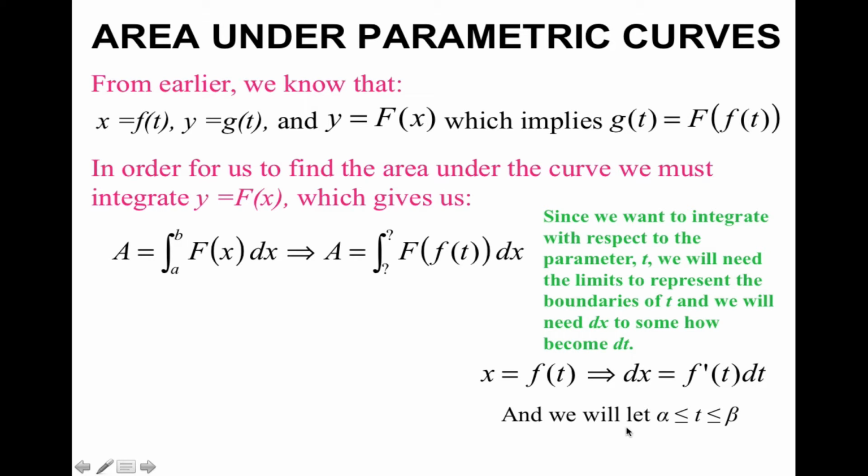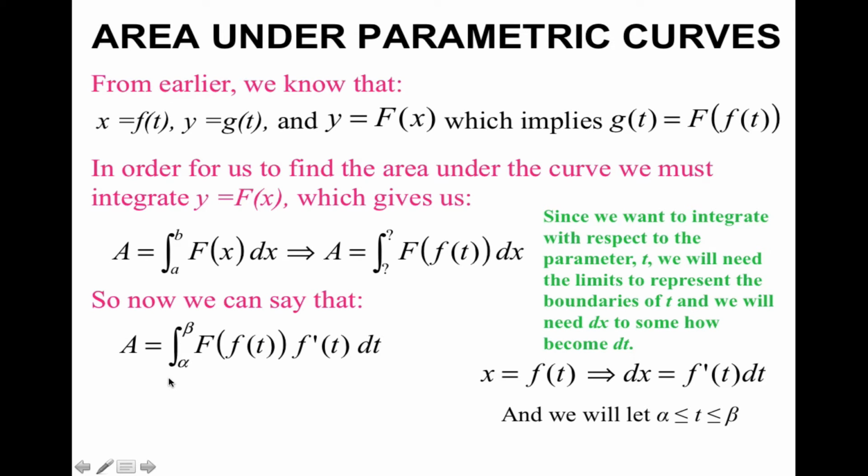And we are going to let t be between two values, alpha and beta. So now we can say that the area is equal to the integral from alpha to beta of big F of little f of t times the derivative of little f of t dt.